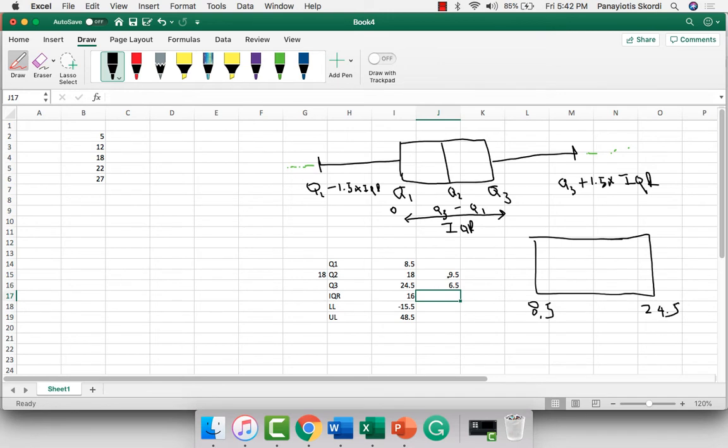The median is 9.5 units away from this side, and it's 6.5 from this side. So it's going to be closer to this side, but it's only 6.5 units away from this side, and it's 9.5 from that side. I've exaggerated it so we can see. So this would suggest that we have a negative or left skew.